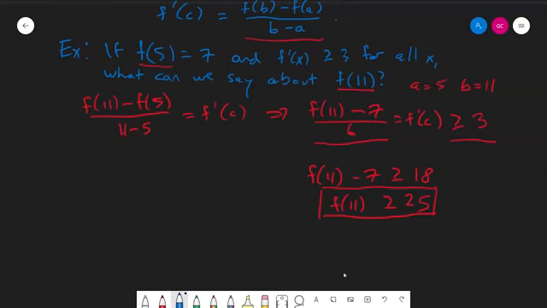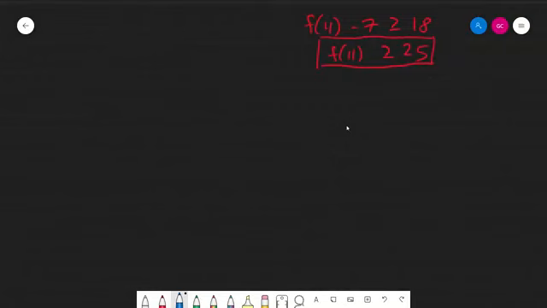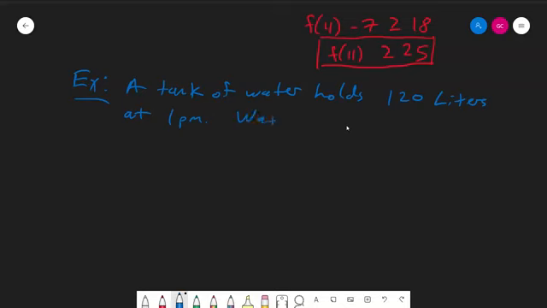Let's look at one more example. It comes from a physical problem. So let's say that you have a tank of water that holds 120 liters at 1 p.m. And let's say that water drains out of the tank at a rate of, let's say, 3 liters per minute or more.